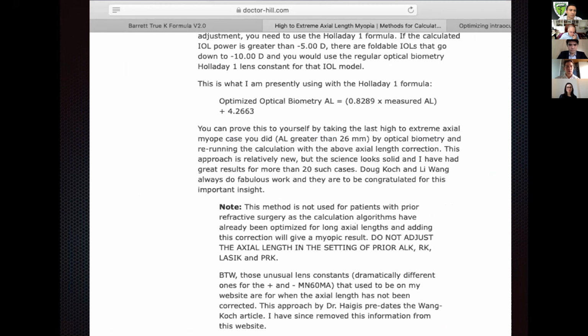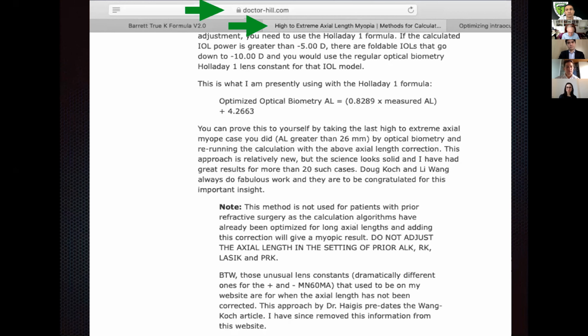So when you go to the Dr. Hill website, there's a section there that I have read four, five, six times, a topic about high to extreme axial myopia. They give very good thoughts on what we should do in those cases.